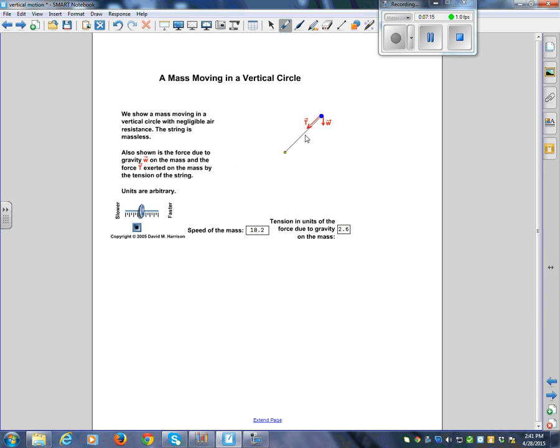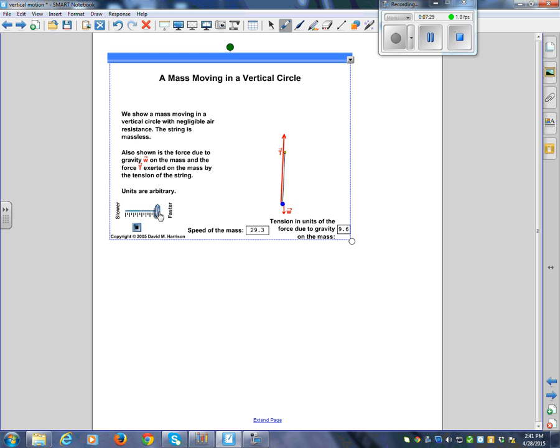Again, see the tension? What does it do? It gets bigger and bigger and bigger, and then what's this W thing here? That's the weight force, right? And as I speed it up, what's going to happen to the value of T? It gets bigger, right?